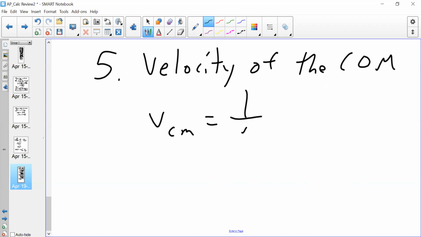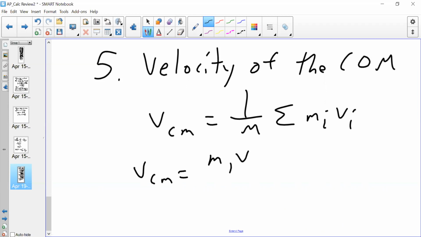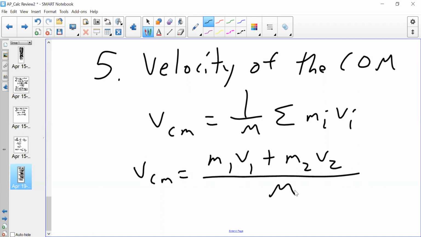So 1 over M, and so m_i v_i, right? Same stuff. If I want to find the velocity of the center of mass of a collection of particles, I can have 2 or 100, the m1 v1, m2 v2, let's say, over M. And I can get my velocity of the center of mass, very similar to my position of the center of mass, right?